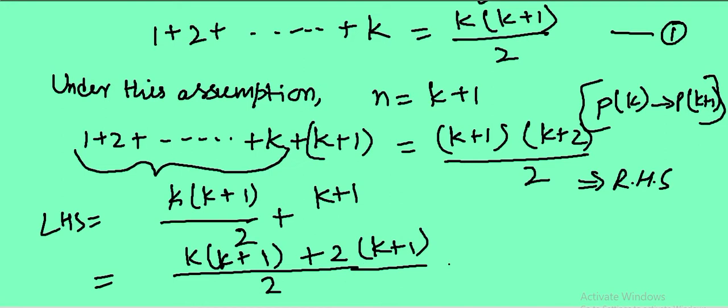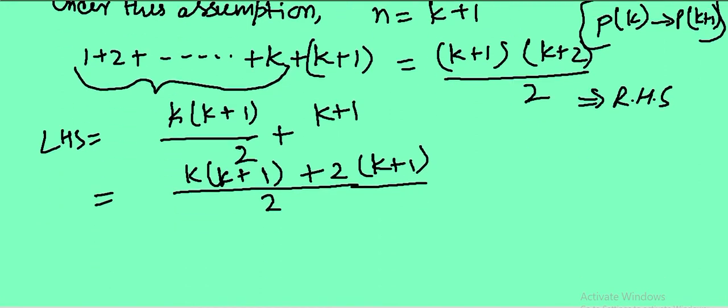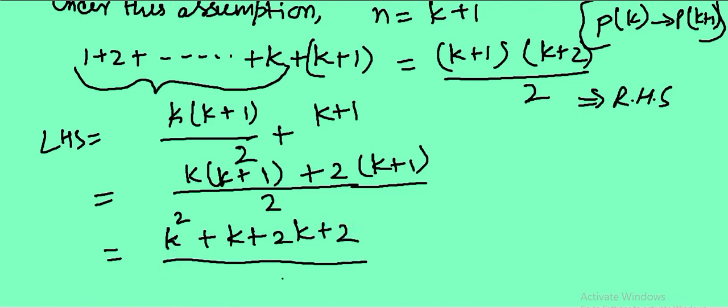Now solve for the other steps. It will be k into k, which is k square, plus k plus 2k plus 2, by 2.